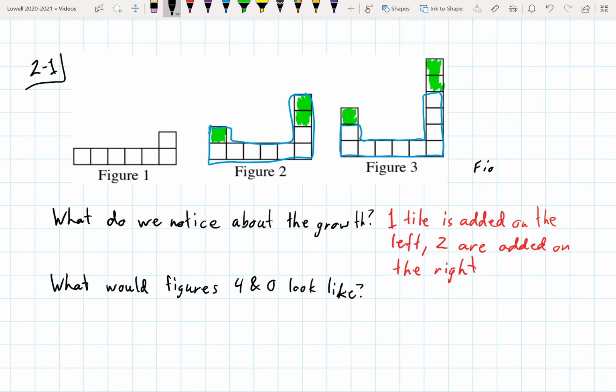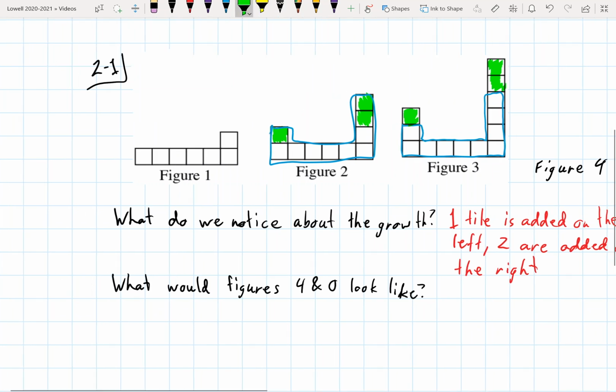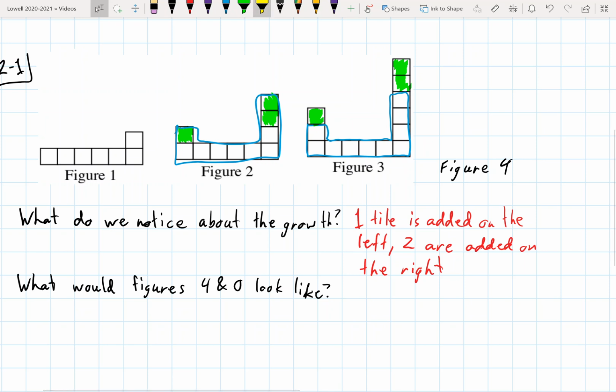I think that one makes sense if we just follow the pattern here. So we know, at least based so far on what we've seen, that we're going to add one more on the left. Let's maybe add these ones in yellow. We'll keep doing in green. One more right here, and then 2 more right there.